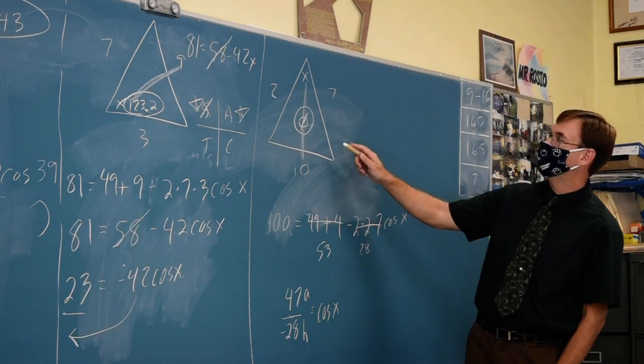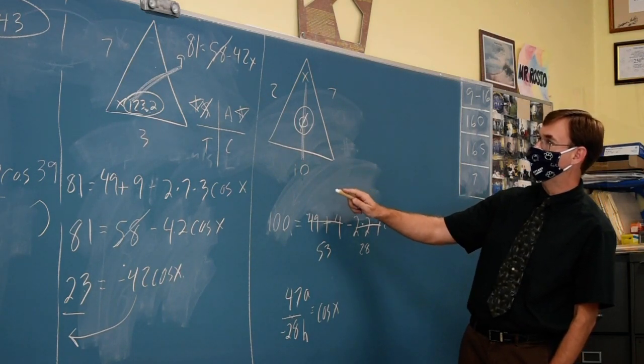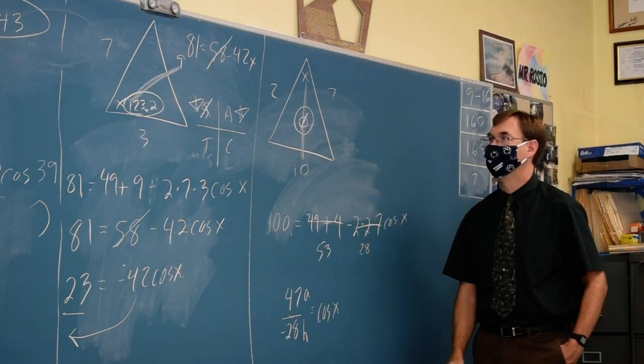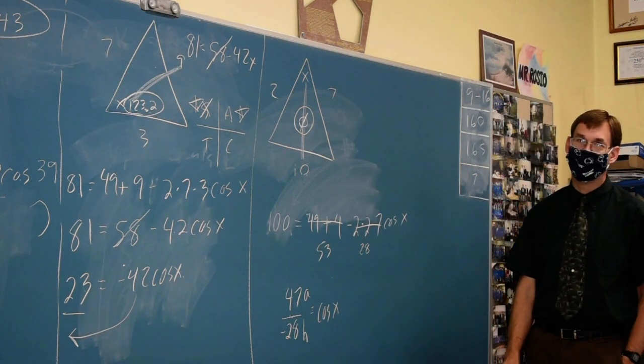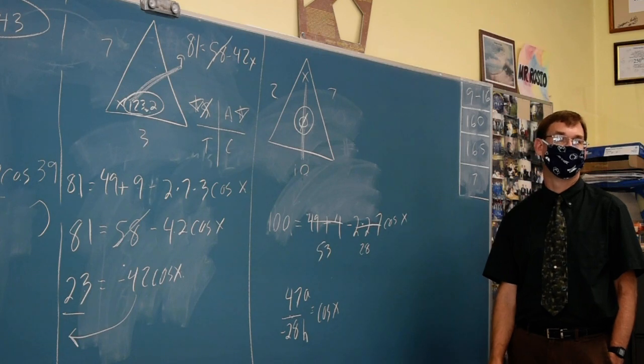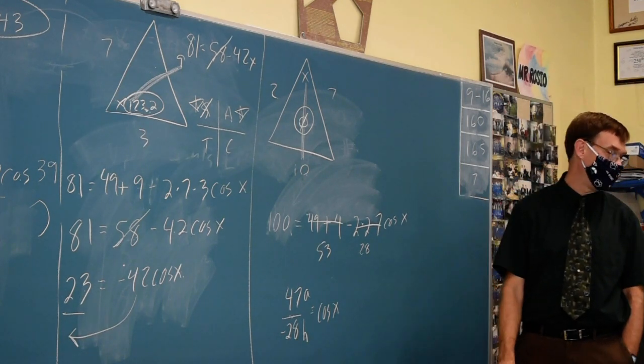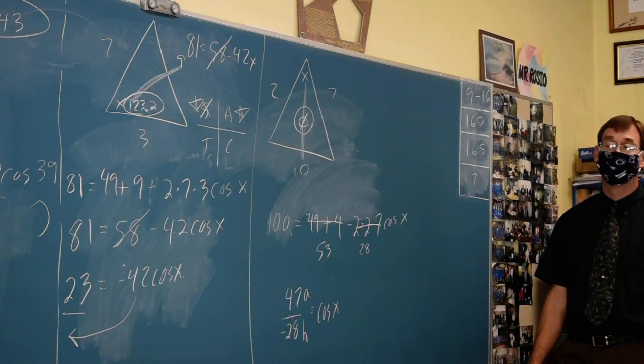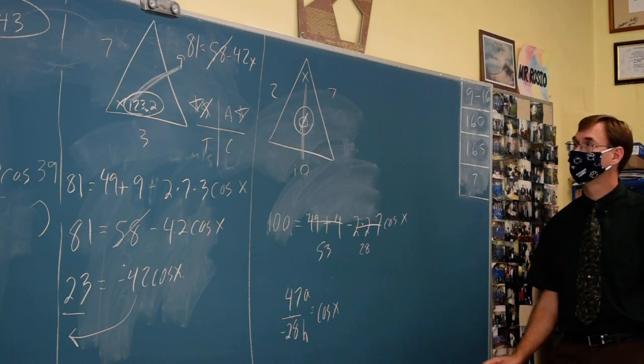You could also have a geometry super flashback and realize just from looking at the picture that 2, 7, 10 could never be the size of a triangle. So anybody have an insight into that idea? Two sides added together can't be smaller than a 3. That is correct.